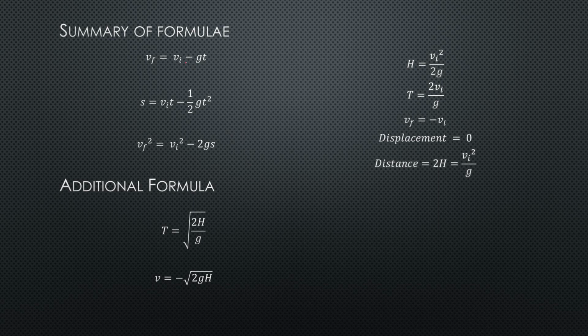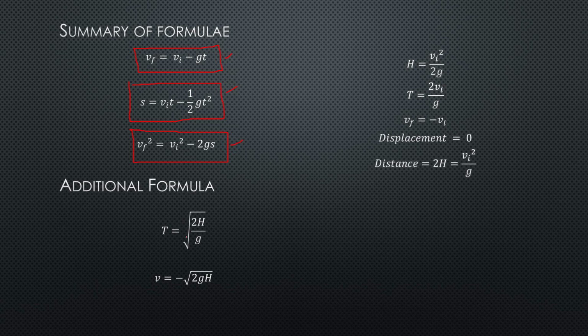So, summary of formulas. As you all know, these are the original formulas. We replace acceleration with negative g, or negative acceleration due to gravity, so we come up with these three formulas.